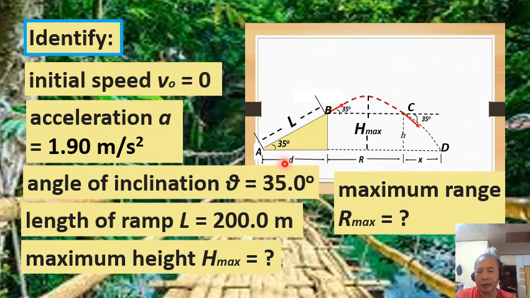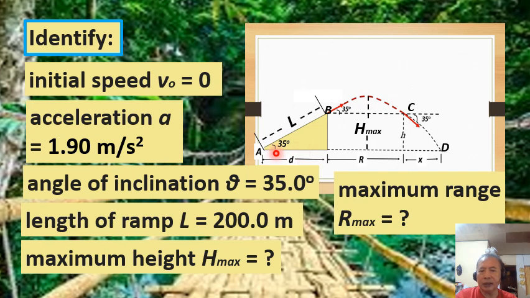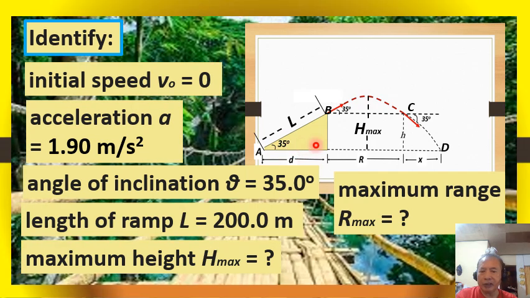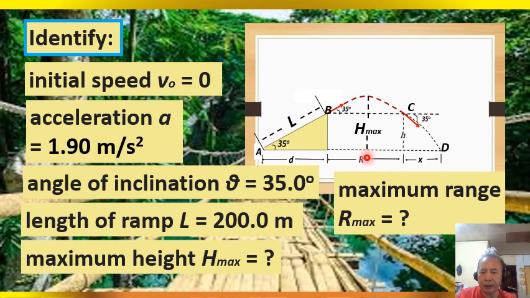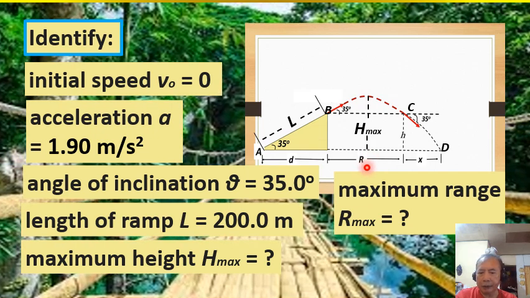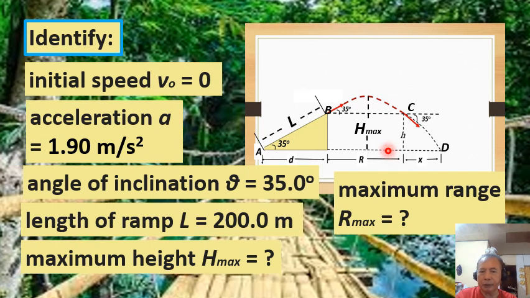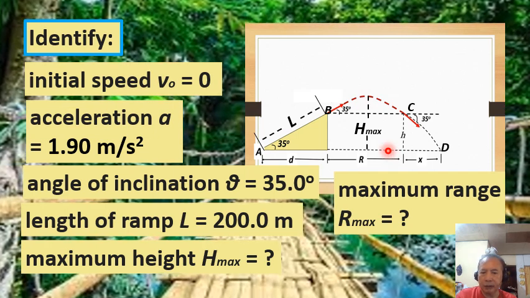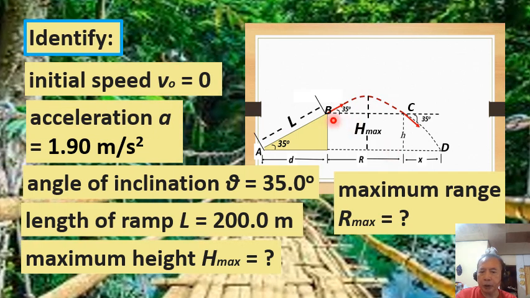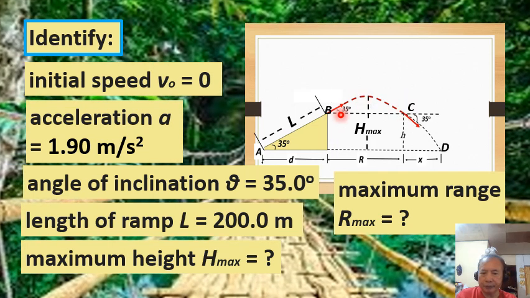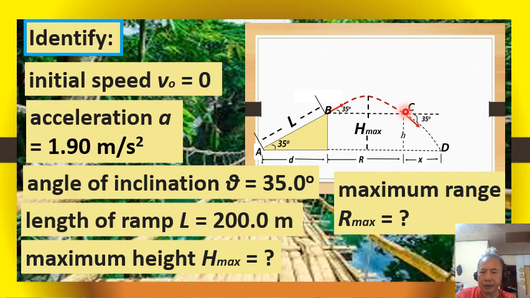D is the length of the base of the ramp, and capital R is the horizontal distance traveled by the rocket as it moves from point B to point C. Point B and point C are at the same level.